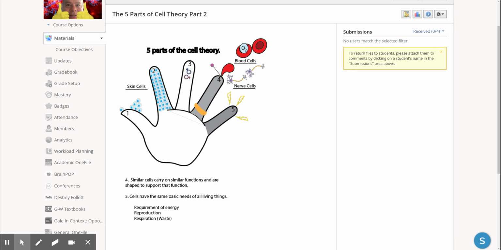And the last one is respiration. Respiration is how cells get rid of waste inside your body. Humans have waste, and so do cells. And cells' waste is carbon dioxide. Now, look at that word, respiration. Have you ever heard that word used to describe when you breathe out, when we exhale?